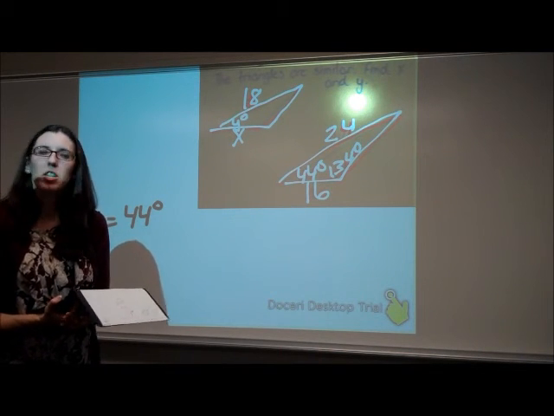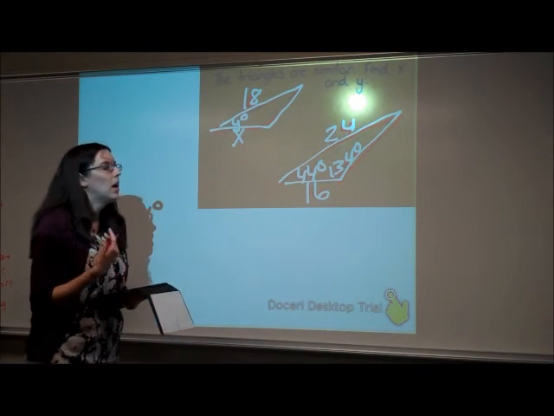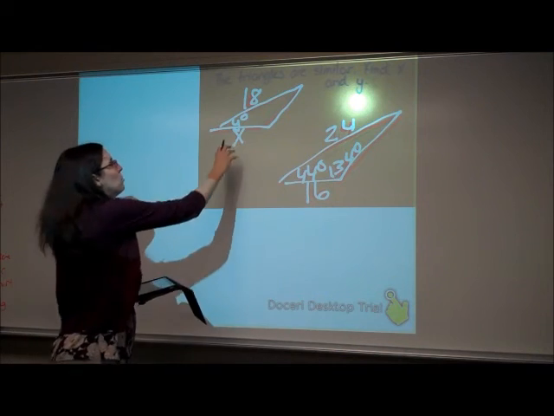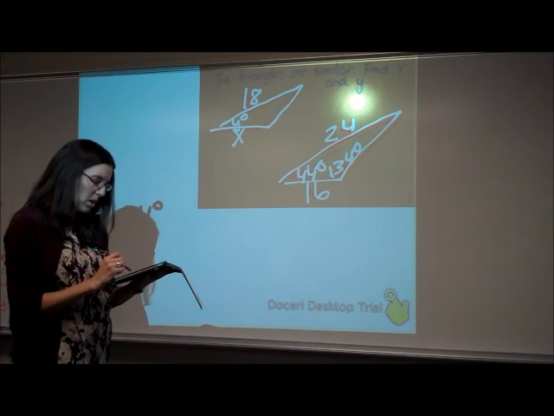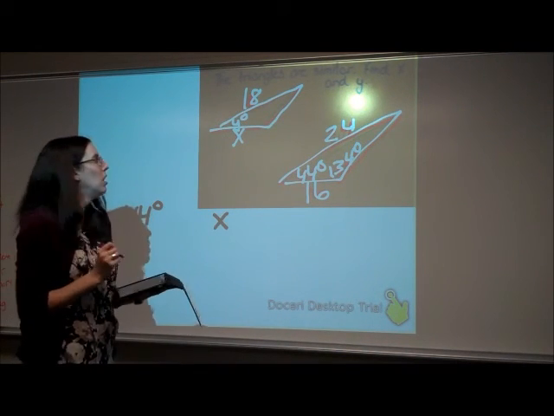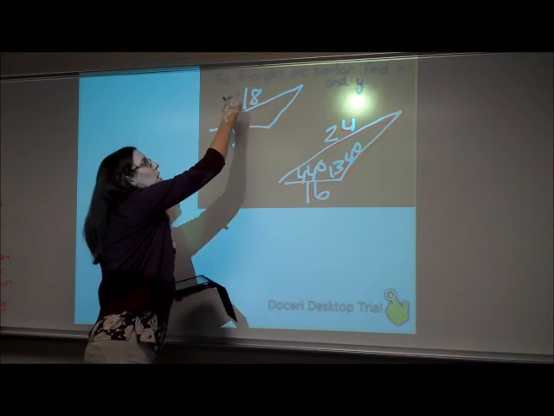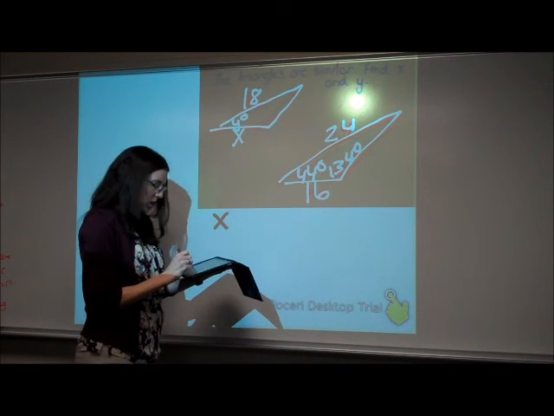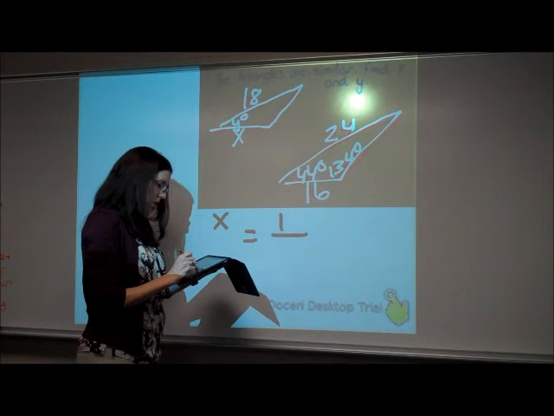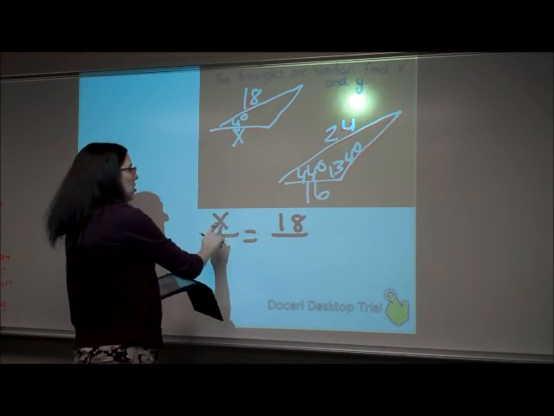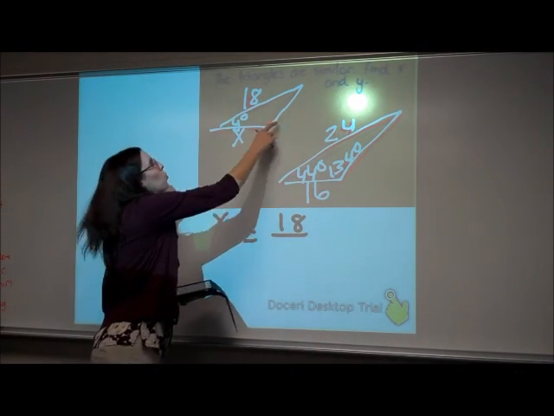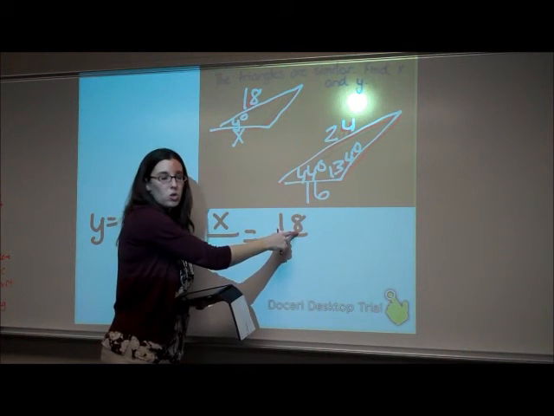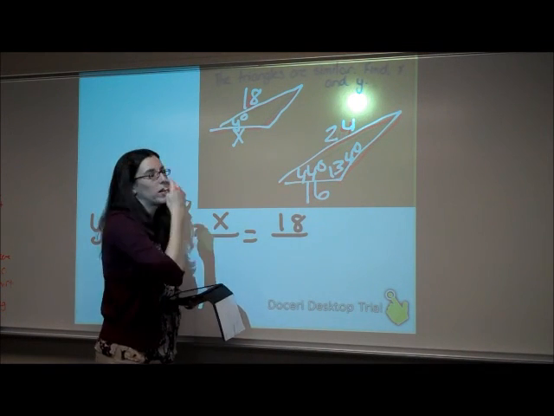Now, there's a couple different ways you could set up this proportion. I always look at, okay, I'm trying to find x, so I'm going to start with x. Well, in this triangle, I also know 18. So I have the two sides from one triangle in both of the numerators, or in the top of both of these rates.